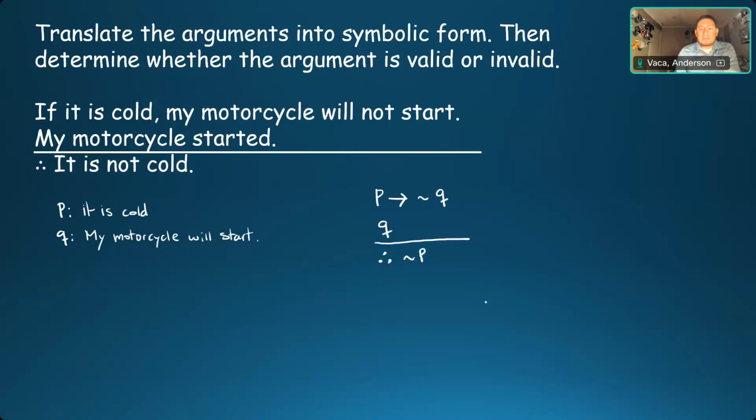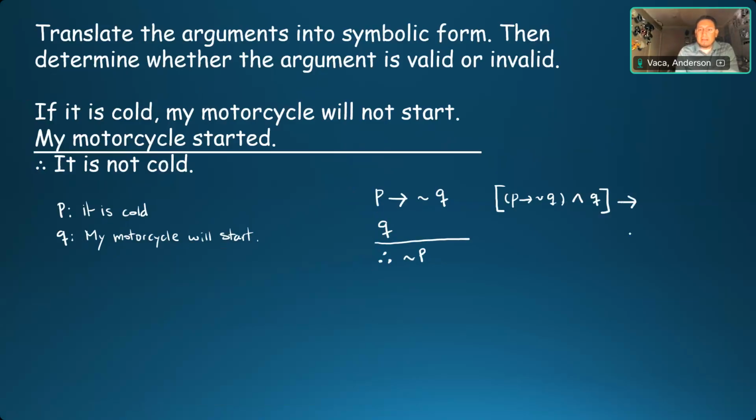So we need to construct a truth table for the following conditional statement. What do we need to do? We need to put these premises together using the connective and. First we need this premise and this second premise connected using the connective and.